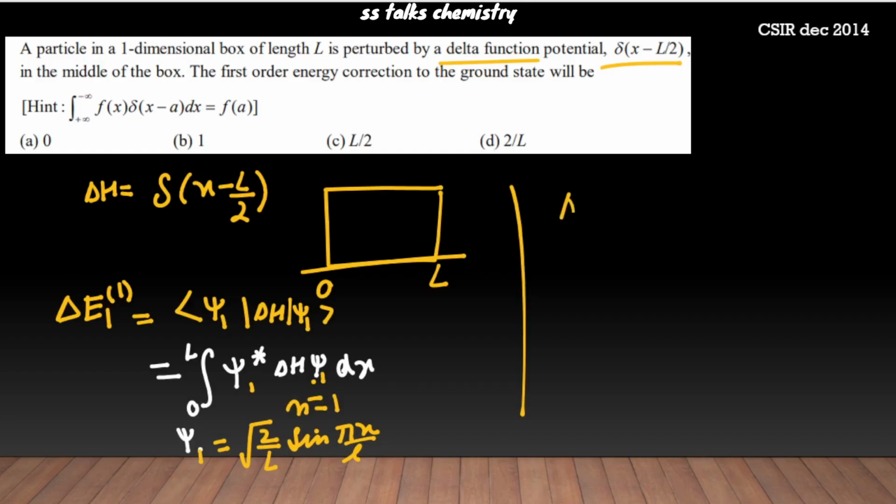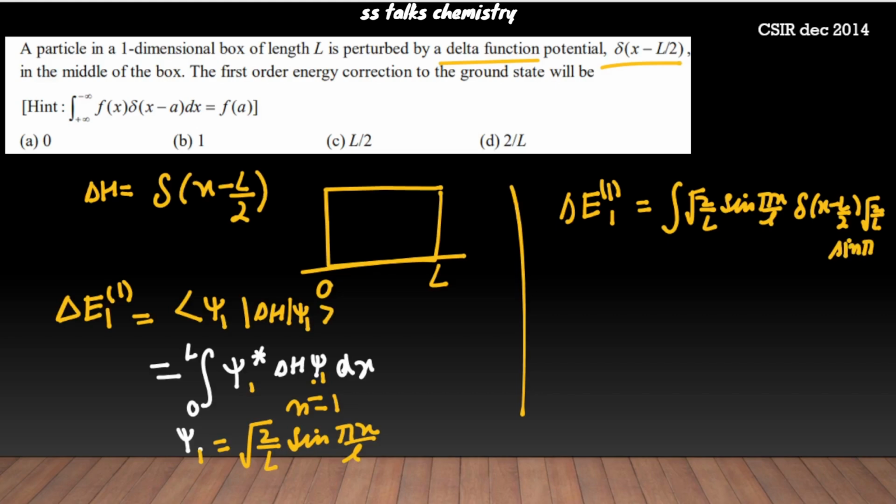So the energy correction of the first order for the ground state is going to be the integration of root of 2 by L into sine of pi x upon L, into the perturbation, that is your Dirac delta function, x minus L by 2, into the wave function root of 2 by L into sine of pi x upon L, dx.